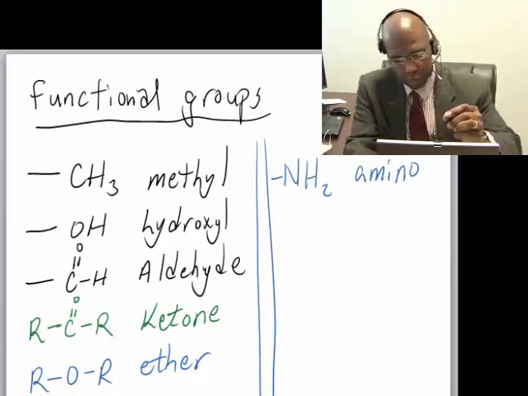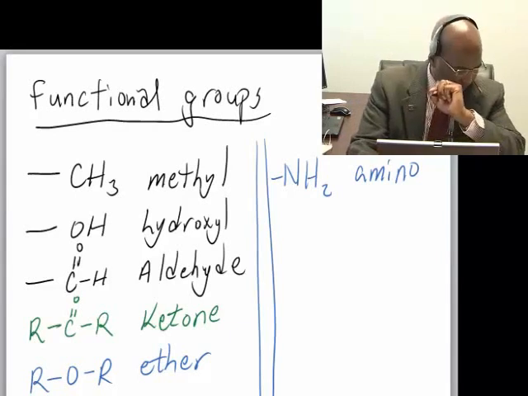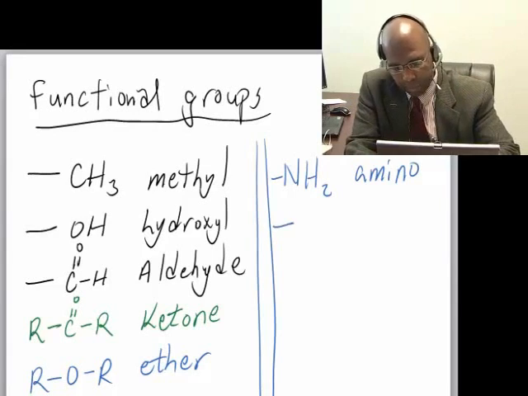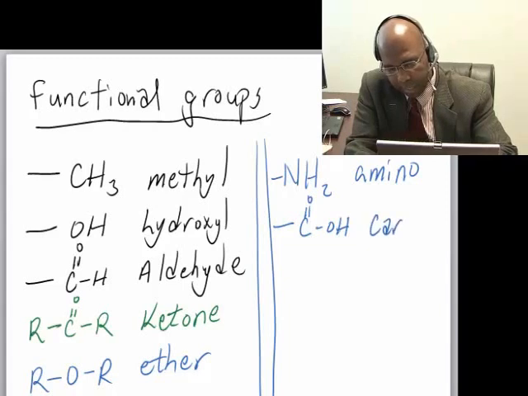Let's go ahead and finish the common ones. If we have C double bond O, OH, we call this a carboxylic acid.